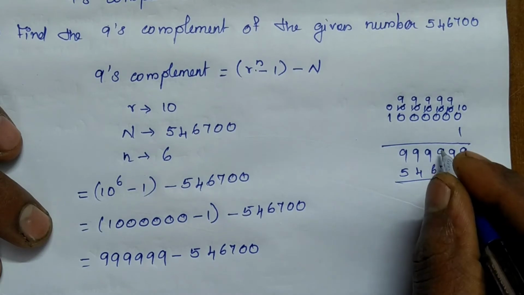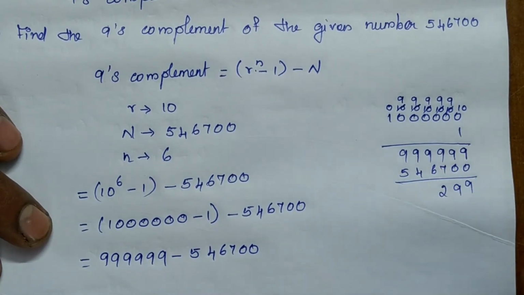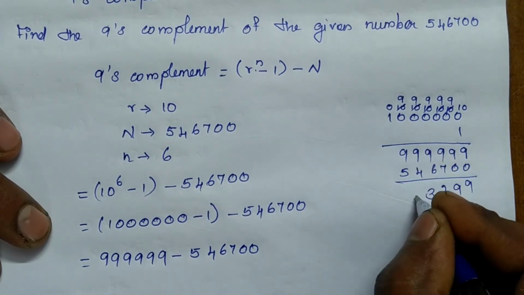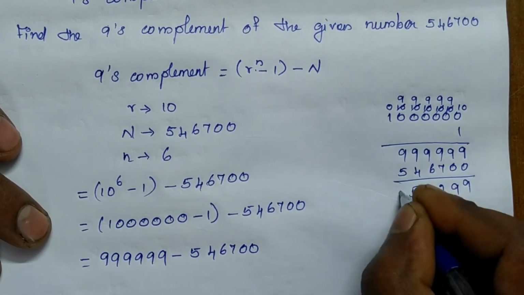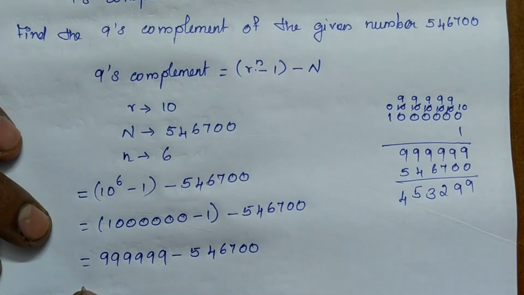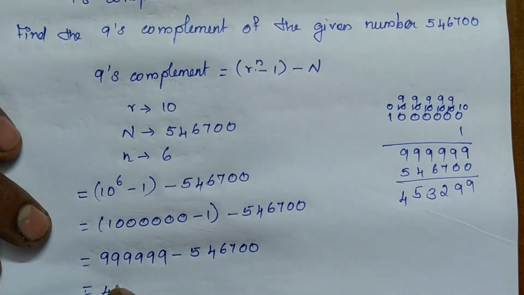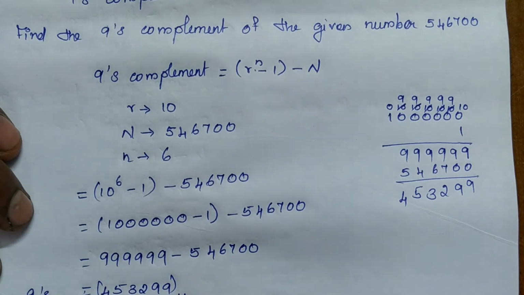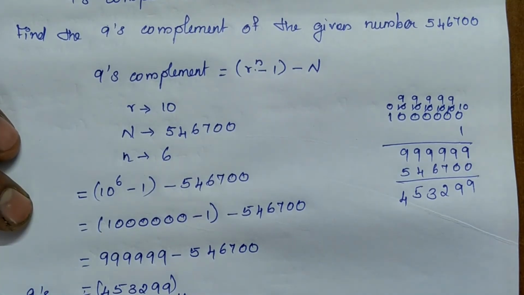Here also 9. Here 9 minus 7 is equal to 2. Here it's 3. Here 5. Here 4. Therefore the answer is 4, 5, 3, 2, 9 in base 10. This is the 9's complement value of the given number.